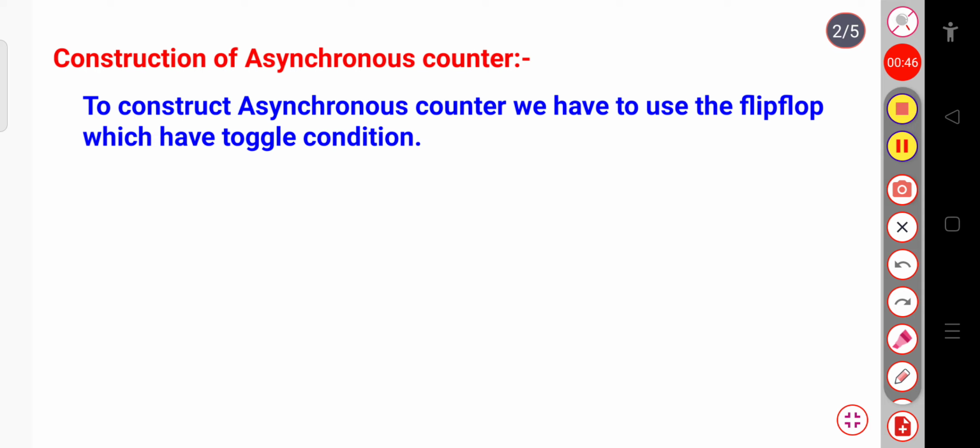To construct an asynchronous counter, we have to use the flip-flop which has the toggle condition. This is the first condition, that is, the asynchronous counter will work only on the toggle condition. That's why we will use either the JK flip-flop or the T flip-flop.